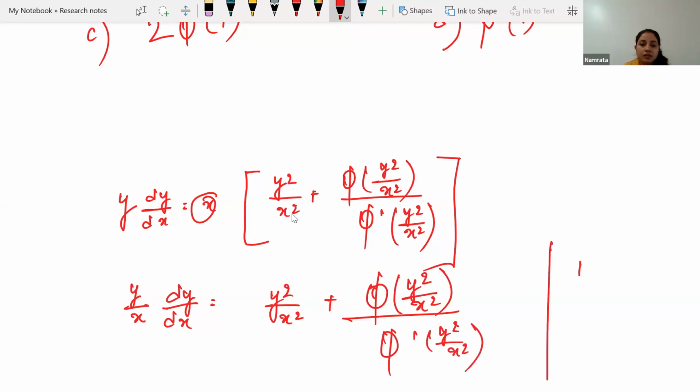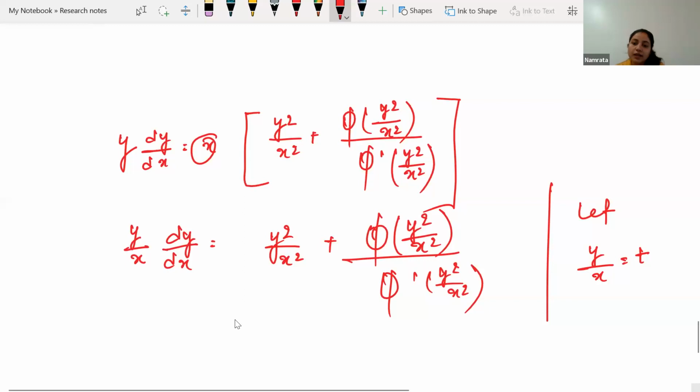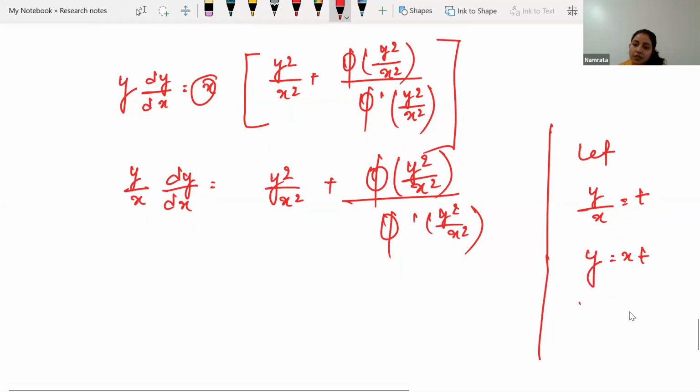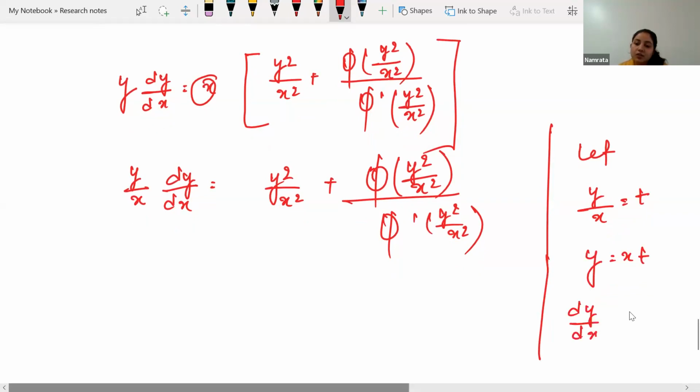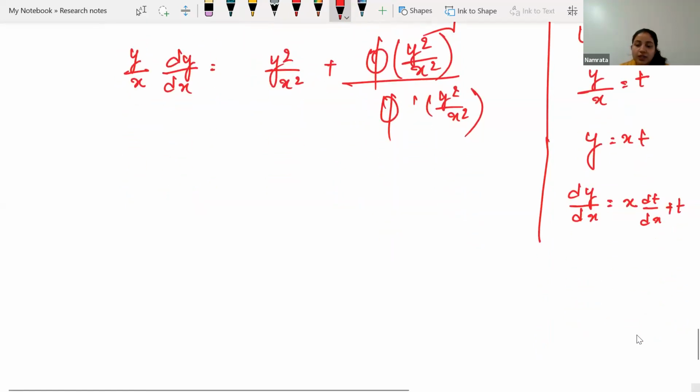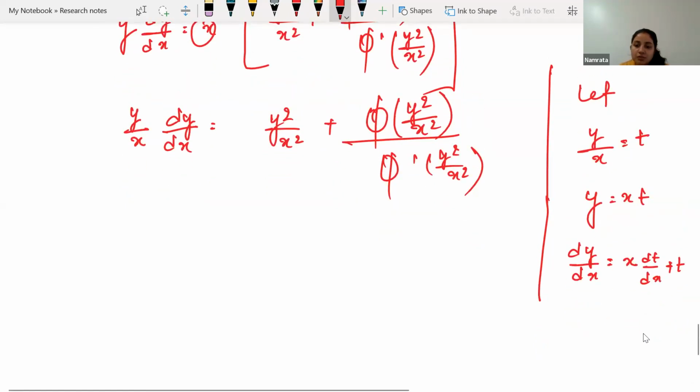Let's substitute, take y by x is equal to t. So we can say y is equal to xt, and if we take the derivative with respect to x on both sides, it becomes dy over dx is equal to first function times derivative of second plus second function times derivative of first. With respect to x we are doing, so only t will be there. So we get dy by dx is equal to x dt by dx plus t.